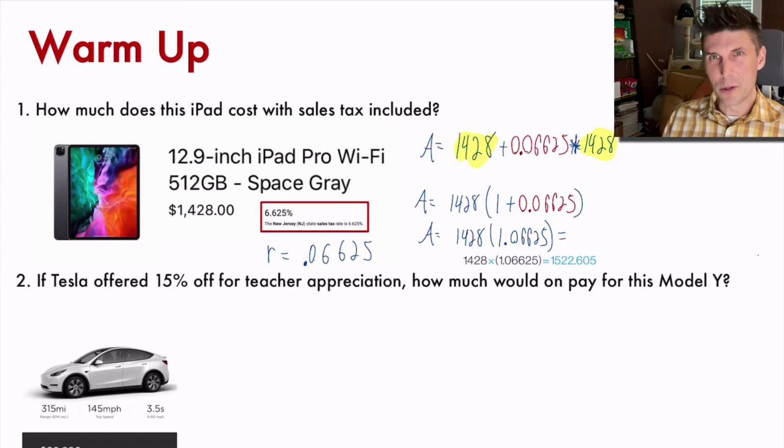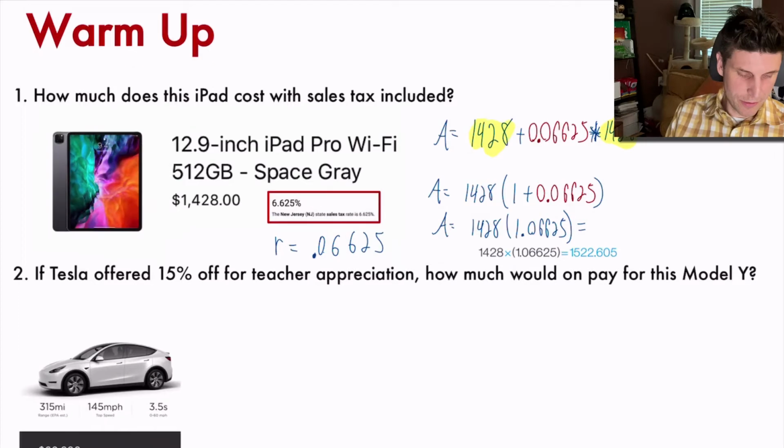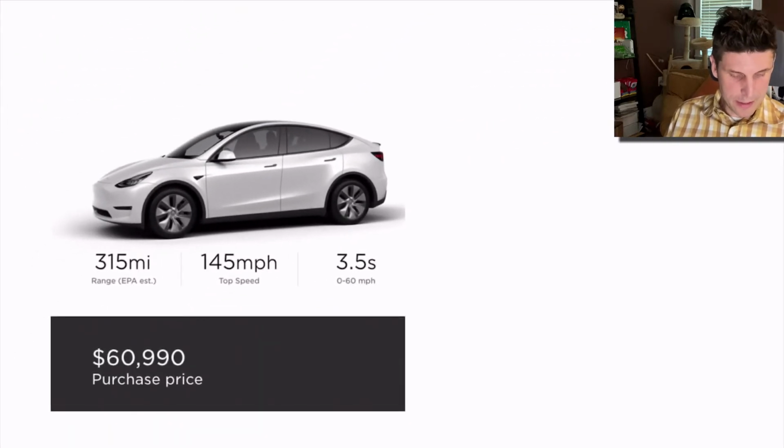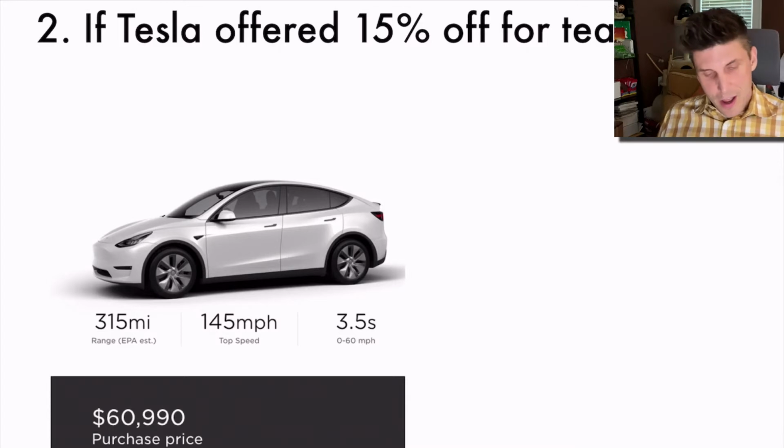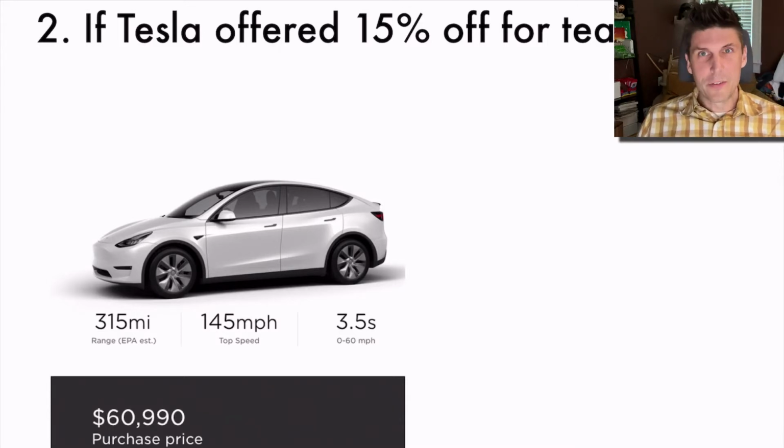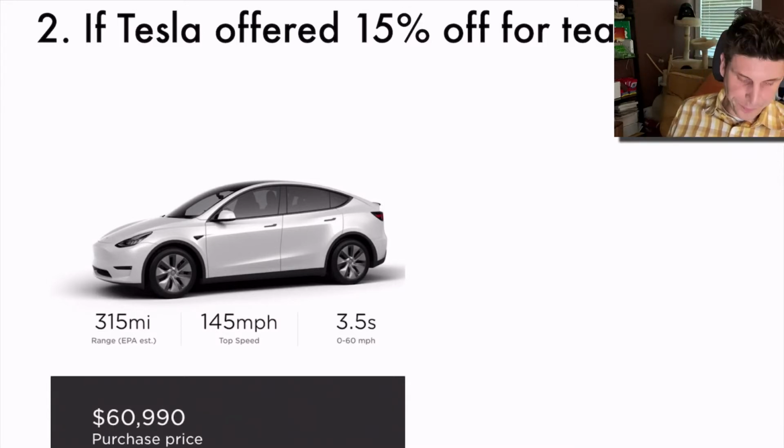So maybe they're only doing it for the Model Y. Who knows? So I looked on their website, and this is apparently the purchase price. Looks like for the extended range Model Y, that's a pretty hefty cost there, $60,990. So say you were given a 15% discount on that.